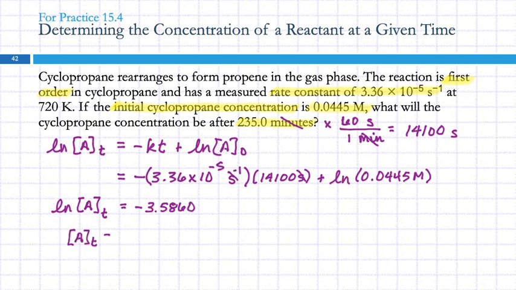So a at time t equals e to the negative 3.5860. I still have that number in my calculator with even more digits, so I'm just going to use that. I'm going to press E, and I'm going to just go up and select that number and press enter to bring it in, and enter again.